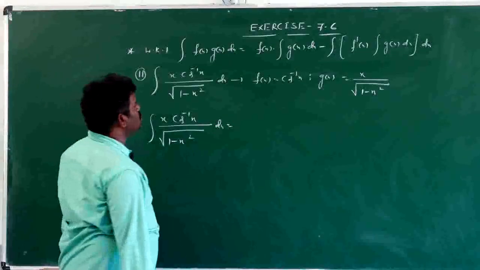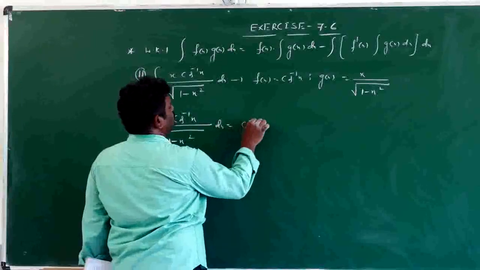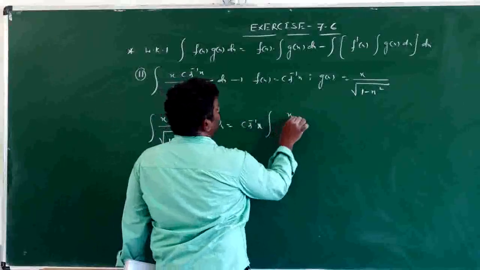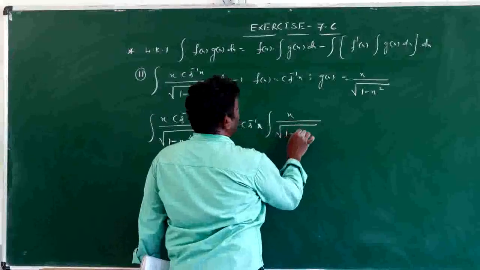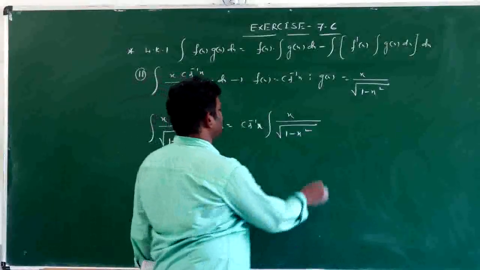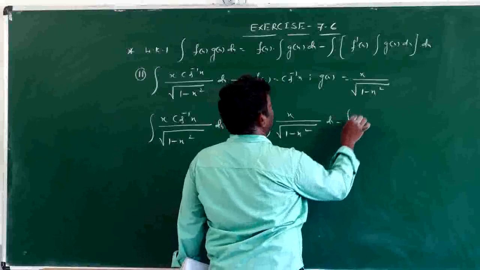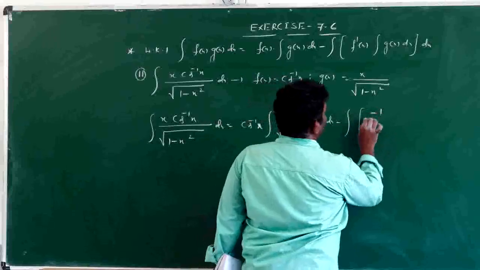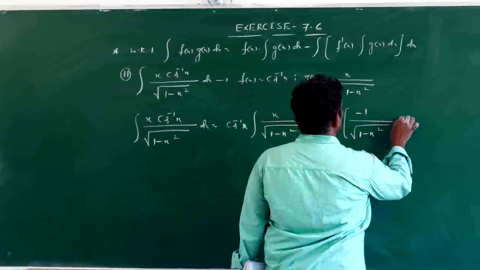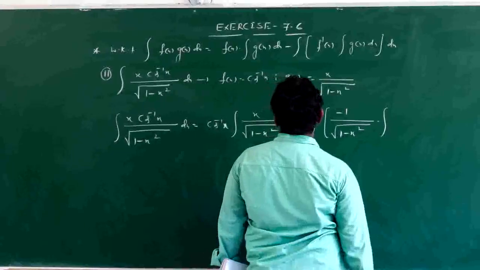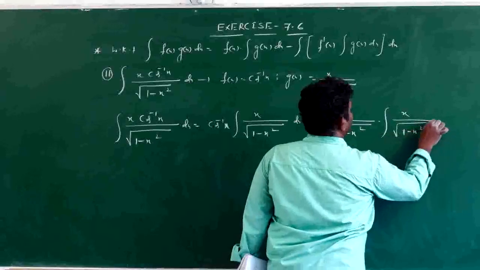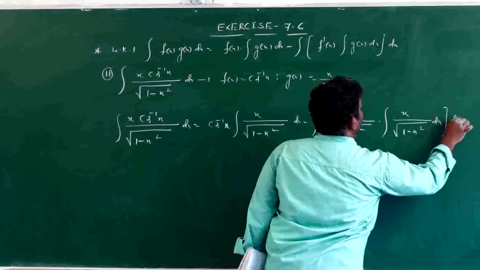so cos inverse x integral x by square root of 1 minus x square dx minus integral f dash of minus 1 by square root of 1 minus x square into integral of x by square root of 1 minus x square dx whole dx value.